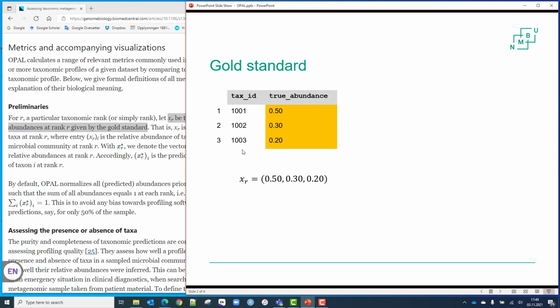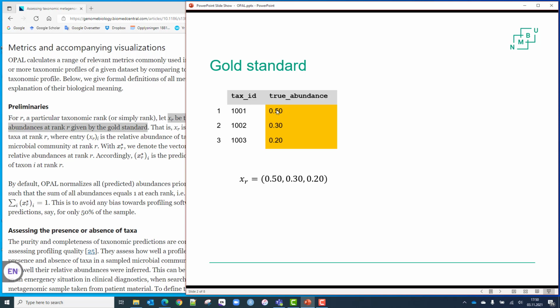And this is a very small metagenome because it has only 3 different taxa, 3 different species. And I denote them by tax ID here instead of name. I think that's better because names are shaky, right? Tax IDs are the more accurate way of organizing them, displaying them or naming them.